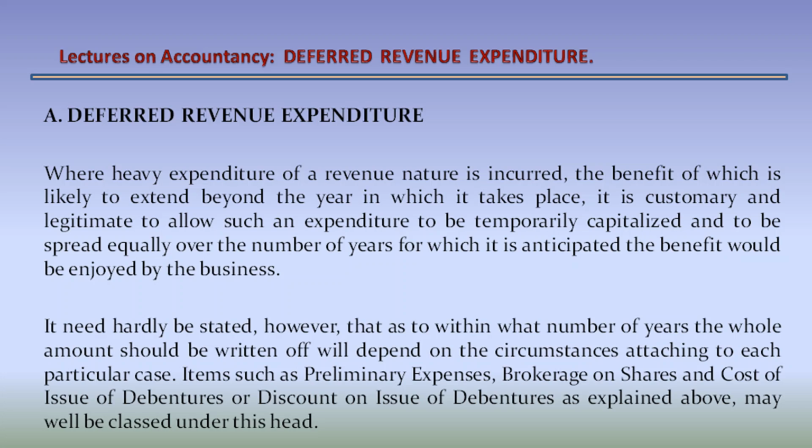Items such as preliminary expenses, brokerage on shares, and cost of issue of debentures or discount on issue of debentures, as explained above, may well be classified under this head.